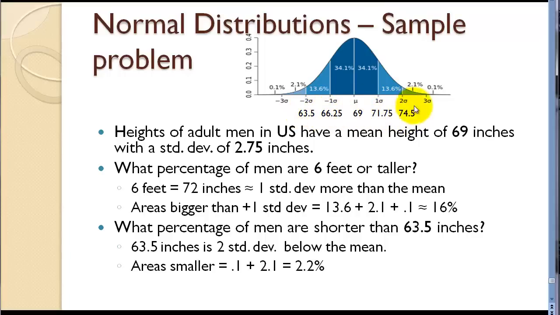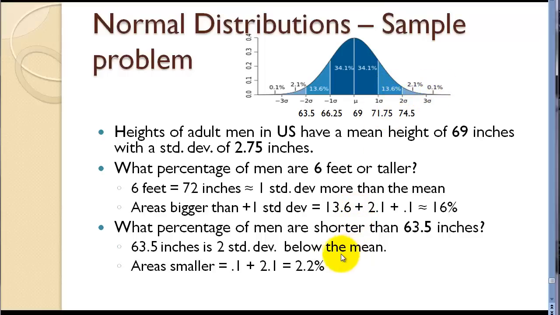So these are the boundaries on our percent curve. So 6 feet is 72 inches, so that's around here. So men that are 6 feet or taller are out in this part of the curve. They are bigger than 1 standard deviation away from the mean. This percentage out here adds up to about 16%.